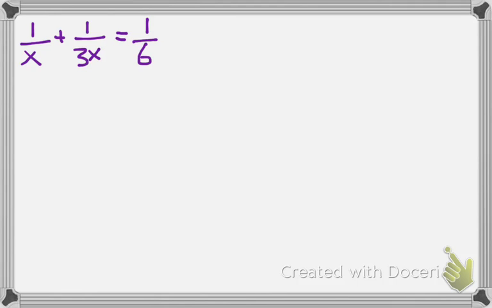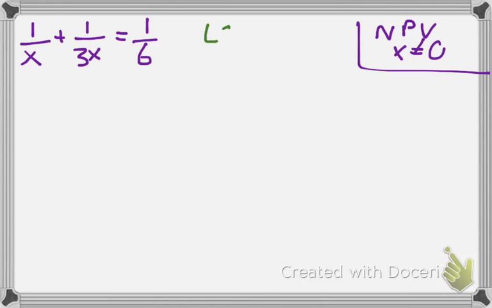Let's handle our NPVs, so maybe we'll write that in the corner. We have an x, a 3x, and a 6. So my NPV, x cannot equal 0. Now we need to look at what our LCD is, because after we've done the factoring and the NPVs, we know our first task is to get rid of the denominators.